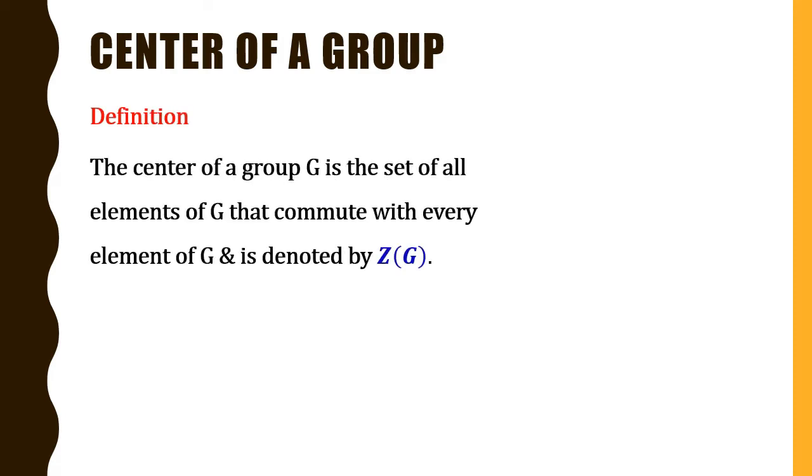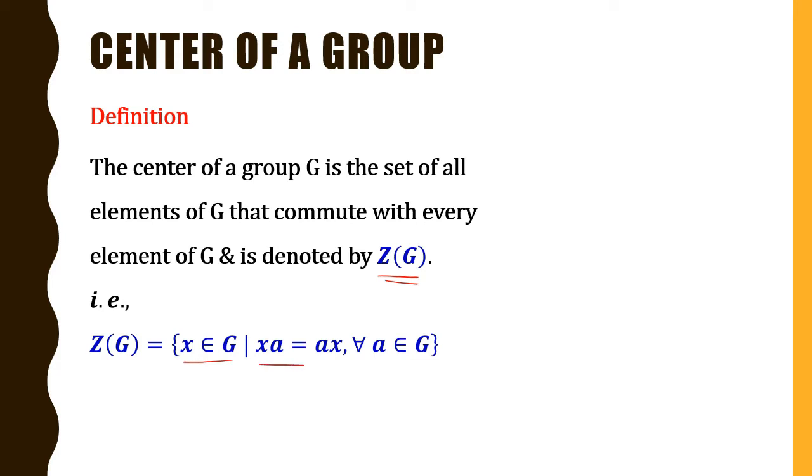The center of a group G is the set of all elements of G that commute with every element of G and is denoted by Z(G). Symbolically, Z(G) is the set of all elements x of G such that xa = ax, and it must be true for all a belongs to G. That is nothing but the commutative property. Then Z(G) we call the center of a group.